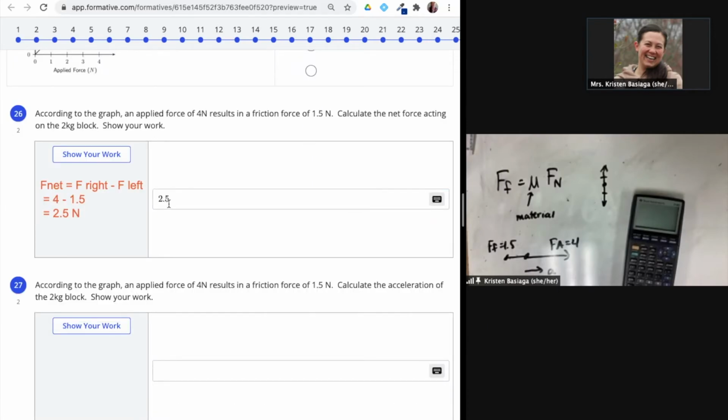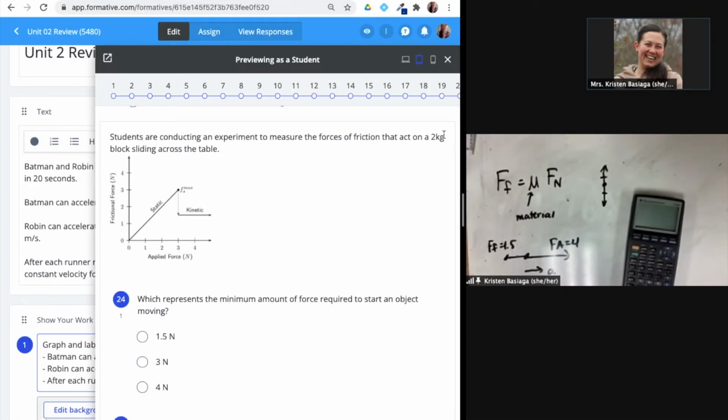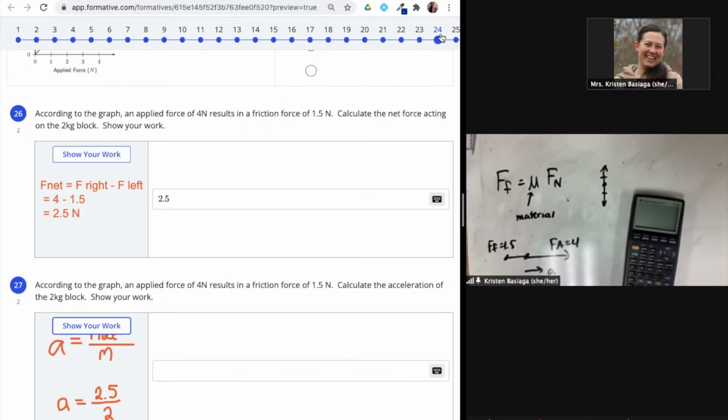If the net force is 2.5, then the acceleration can be calculated with Newton's second law. Newton's second law says that acceleration is caused by net force acting on a mass. The net force was 2.5 newtons to the right because it was more right than left, and I subtracted those. And the mass is 2 kilograms. And 2.5 divided by 2 gives me an acceleration.